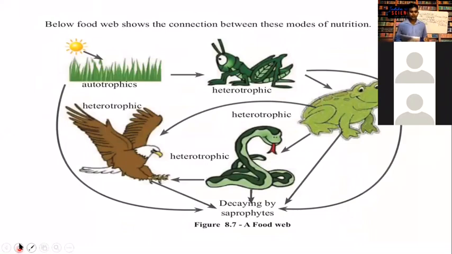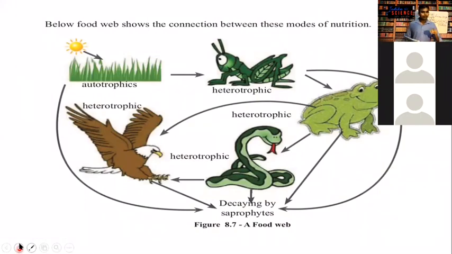Produced in the leaves, stored in stems, roots, and fruits. You know that after production of the food, in the glucose form, food is produced there. Actually, glucose is the simplest form of carbohydrate.